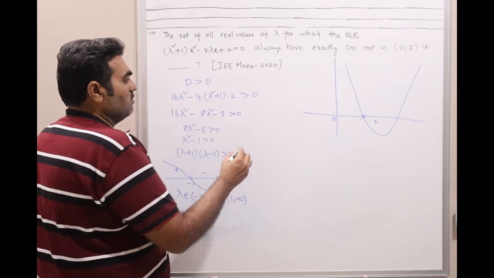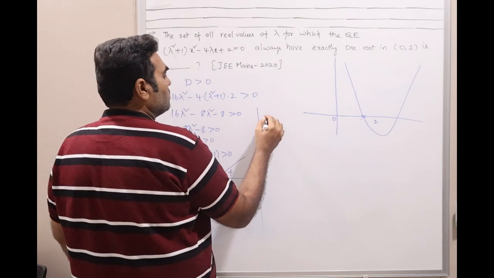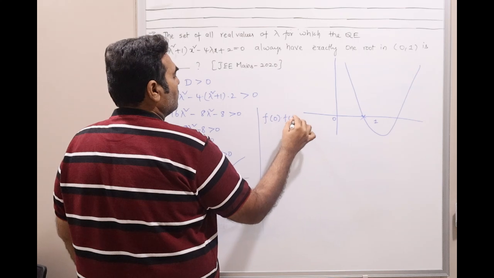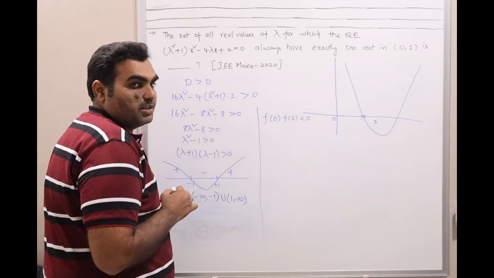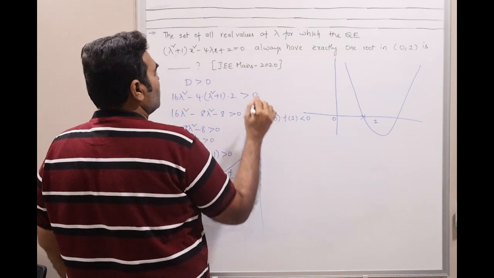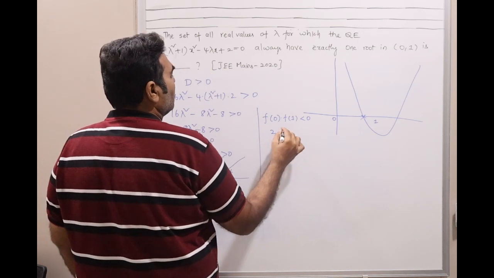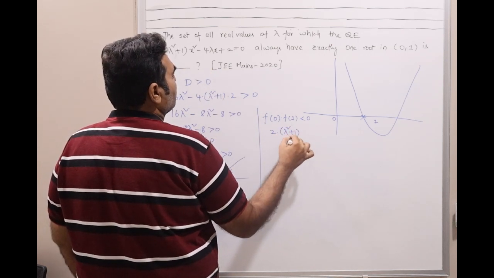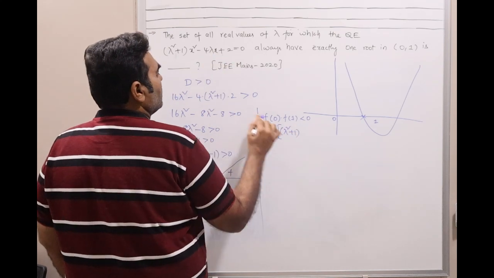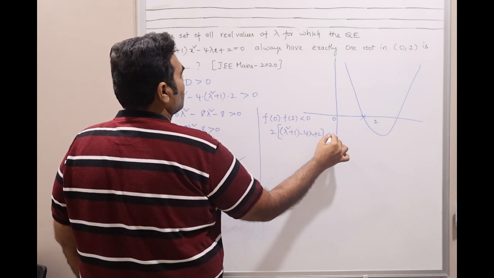Now we have a root between 0 and 1, so we can write the condition that f(0) into f(1) is less than 0. f(0), if you put 0 here, you will get 2. And if you put 1 here, you will get (lambda square plus 1) minus 4 lambda plus 2, and the product is less than 0.